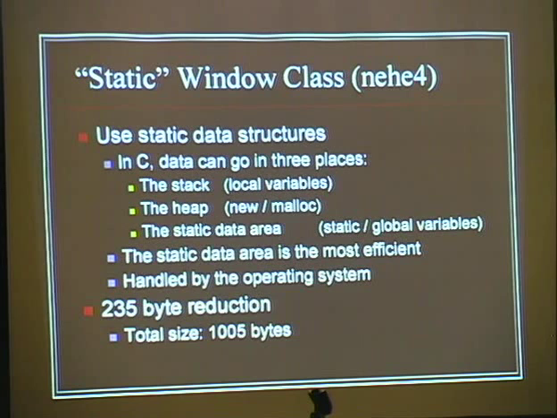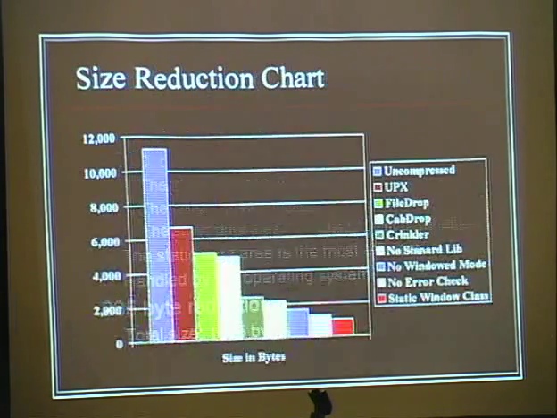For some variables it helps and for some it harms. But for big data structures, always put those in static memory. All those techniques, using the static window class and all that other stuff, get us about a 235 byte reduction. So now we're down to 1,005 bytes from the 2.5K we started off with before we started trimming the fat.